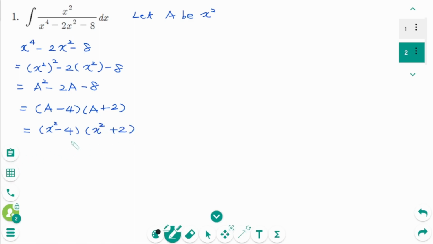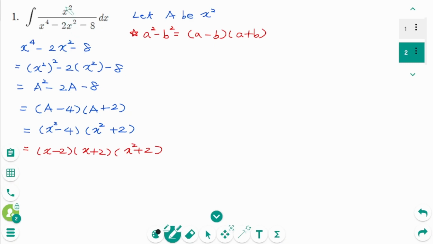The first part is difference of two squares. Then use the formula a squared minus b squared is a minus b times a plus b. So we can factor x minus 2, x plus 2, then keep the last term x squared plus 2.